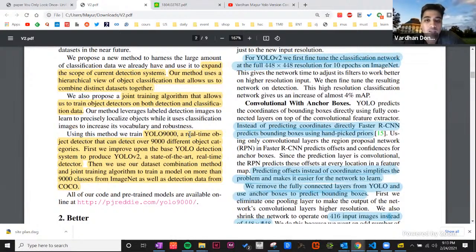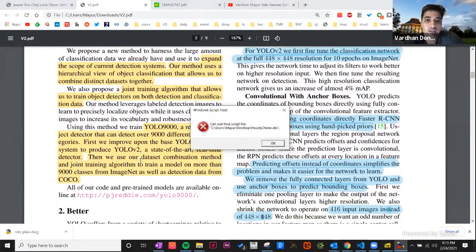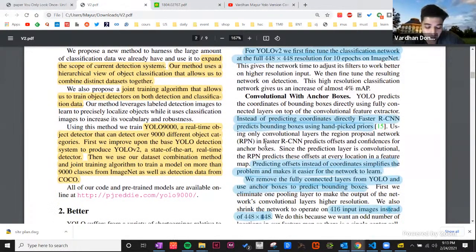The main difference can be summarized in three main points. One is using batch normalization after each convolutional layer, and they attribute some 2% improvement in mAP to batch normalization. The second is the high resolution that we were discussing right now.